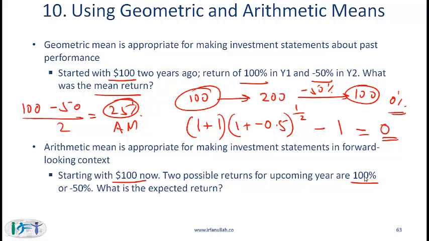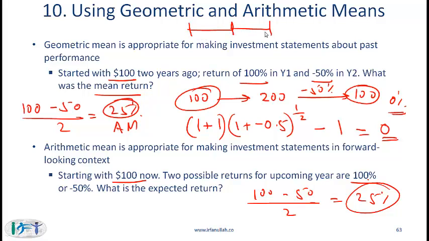Here it makes sense to look at the arithmetic mean of 100 and minus 50 and to say that our expected return is 100 plus minus 50 over 2, which is equal to 25%. So saying that our expected return is 25% is appropriate. However, in the first scenario where we have time series data, there the appropriate measure is the geometric mean.